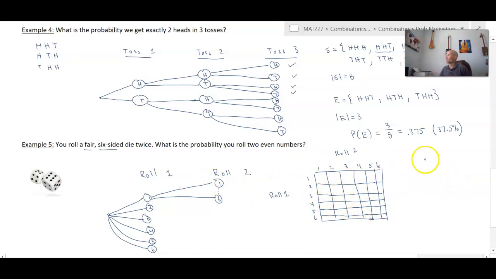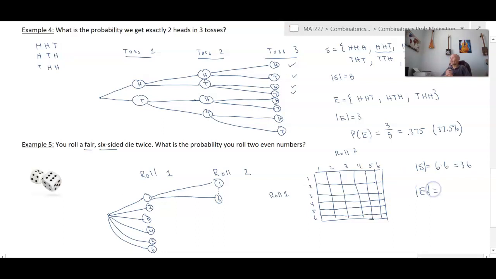And that tells me that the sample space in size is 6 times 6 equals 36 possible outcomes. I'm not going to list them all out, right? It doesn't make sense to list them all out because the sample space is too large to want to write down 36 different sequences.